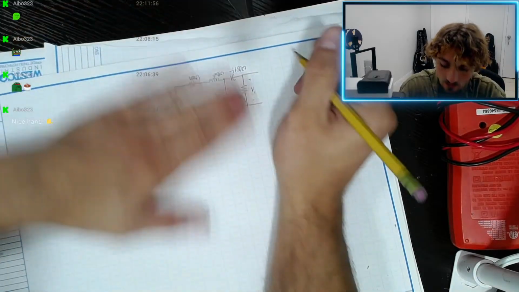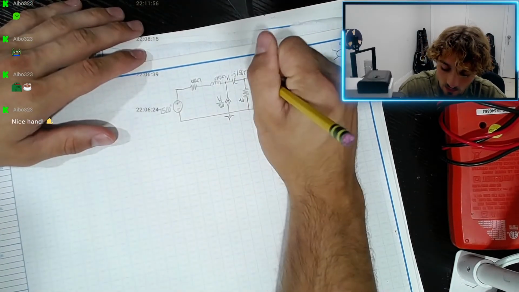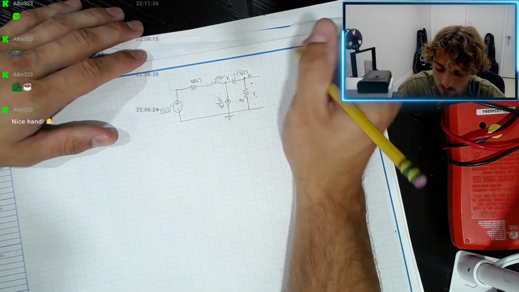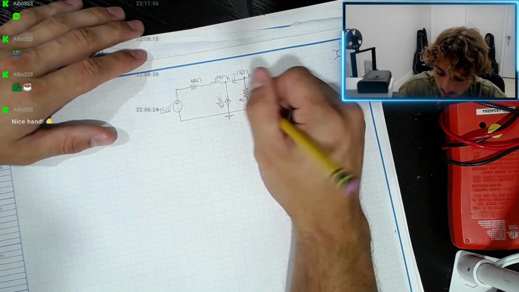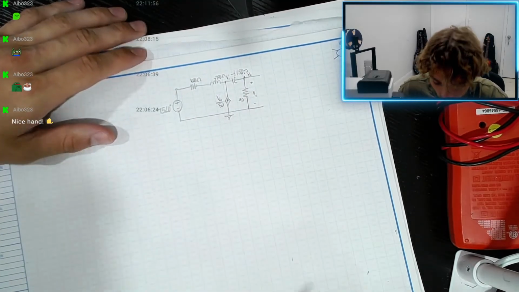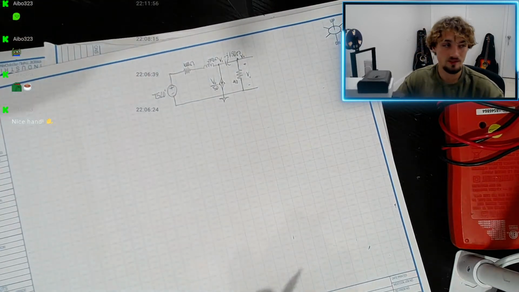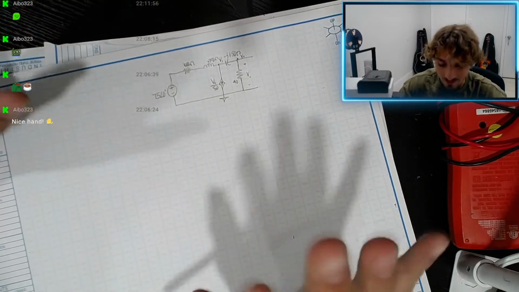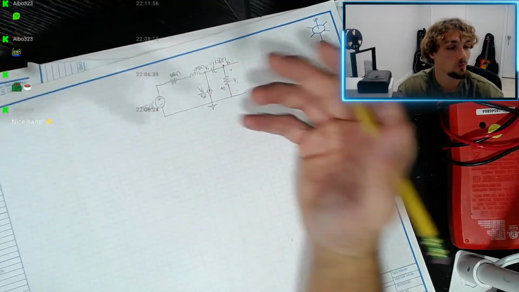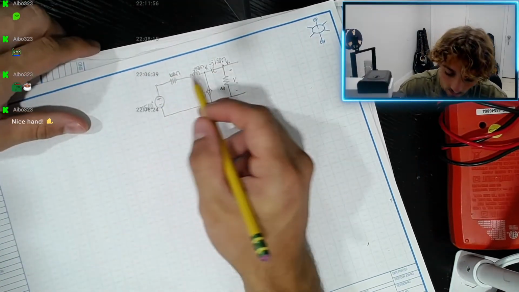V1, V out, that's this node. That's our ground, and this is what we want to find the Thevenin voltage for. Then we're going to find the Thevenin equivalent resistance also.